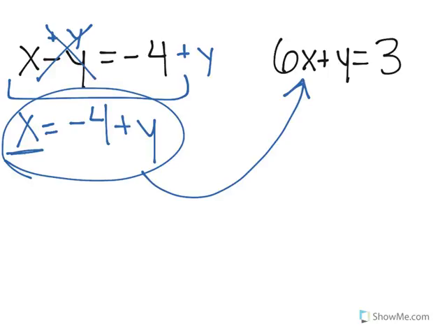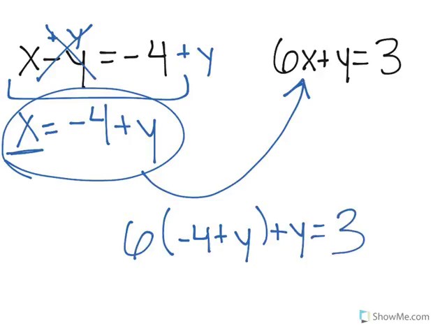It's just like the box. Instead of having the 2 apples, we have the 4 oranges. So 6 times (-4 plus y) plus y is equal to 3. This is the plus y right here, and this is the equation right there.